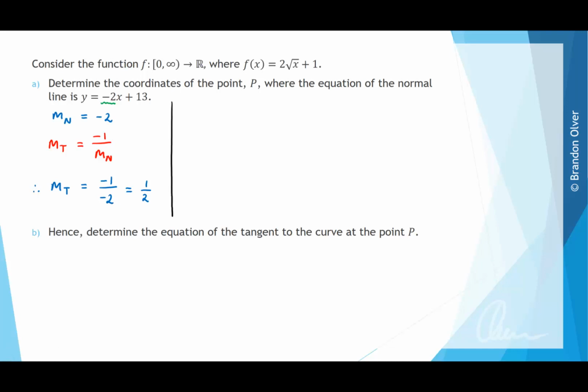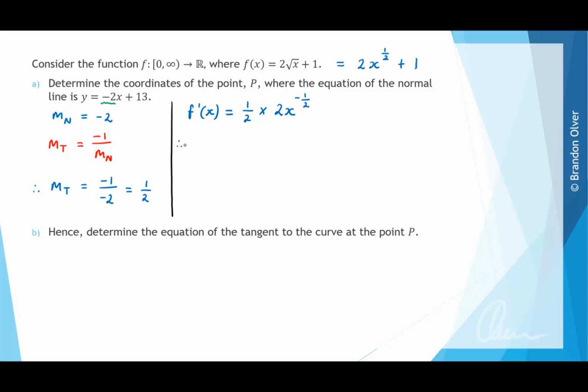To do that, we're going to need to differentiate f of x. So first off, we can also write f of x as equaling 2 times x to the power of 1/2, because that's the same as the square root, plus 1. When we differentiate that, we'll find that f dashed of x, the derivative of f of x, is equal to, we take the power out the front, so we have 1/2 multiplying 2x, and then we take 1 off the power, so it's going to be to the power of negative 1/2.